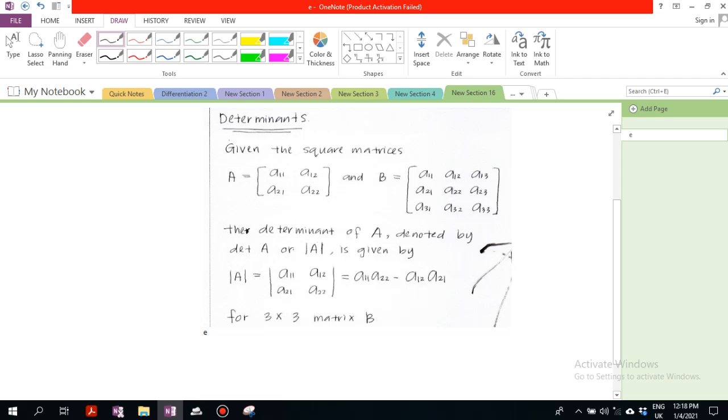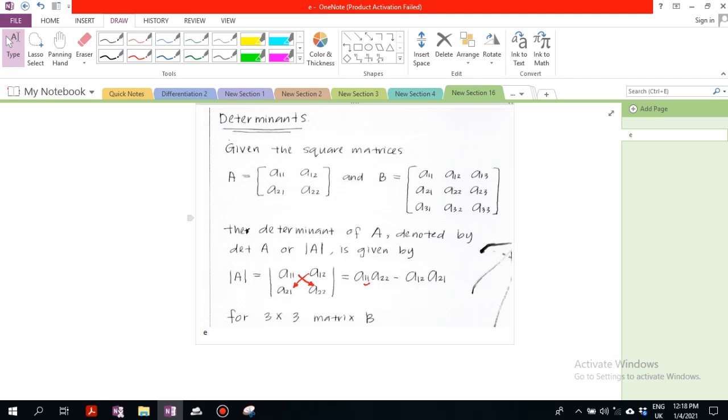The formula for the determinant is A11 times A22, minus A12 times A21. So you will get the determinant of A.